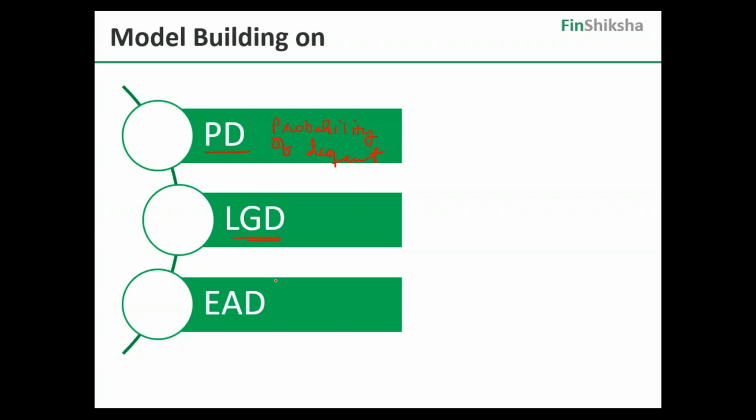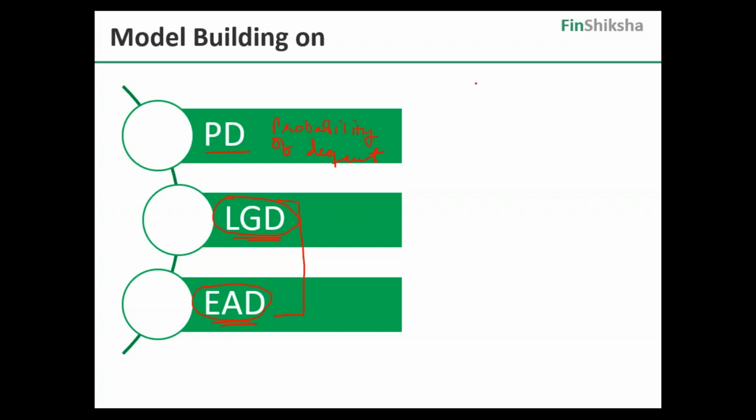Second is loss given default, and third is exposure at default. These two will come only if the default happens. Once the default happens, we need to answer how much is the amount which is exposed, and if the company defaults and cannot pay, then how much is the loss.